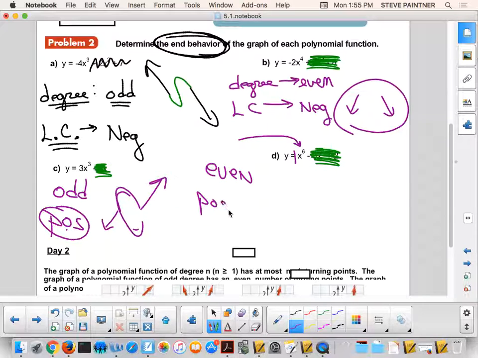Positive. You have a positive even function. Up on the left, up on the right. We'll figure out the middle tomorrow. That's all I got.